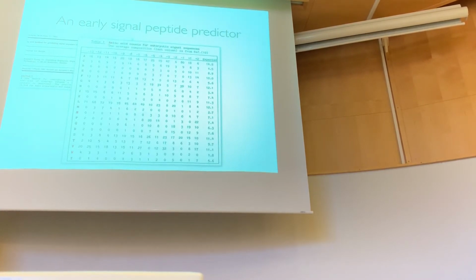Here is the cleavage site between -1 and +1, and you can see alanine is very abundant in -1, 80 examples. Glycine is highly abundant, 39 examples, and then serine is also quite abundant.